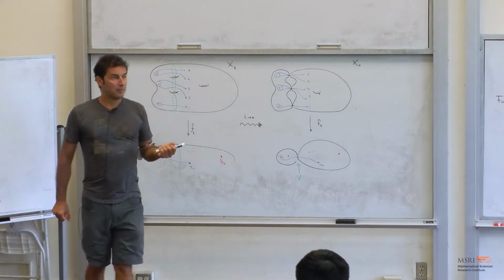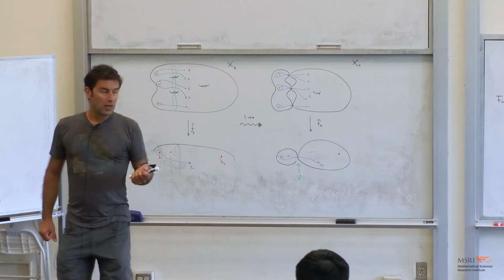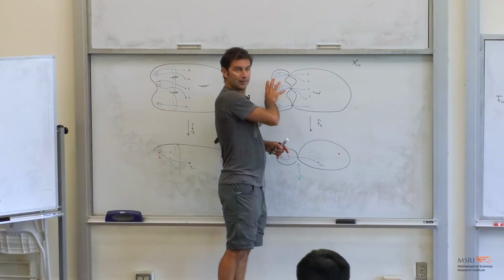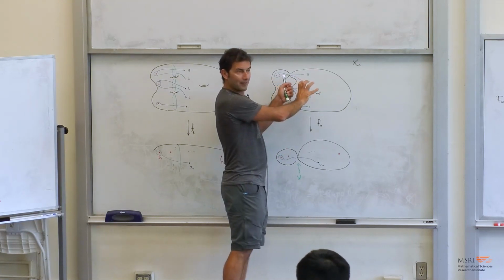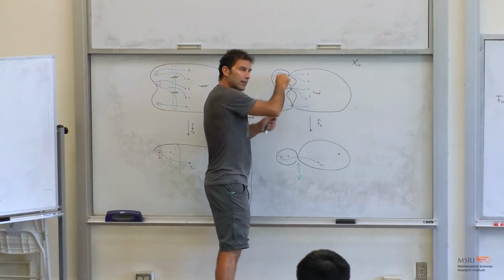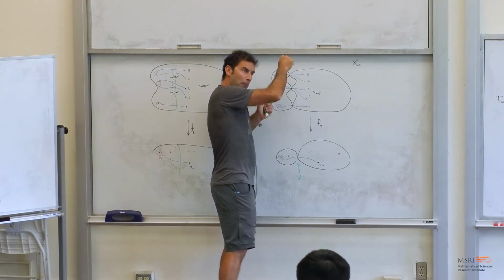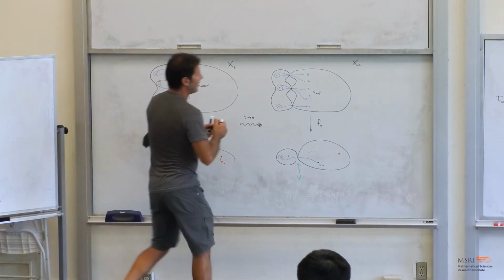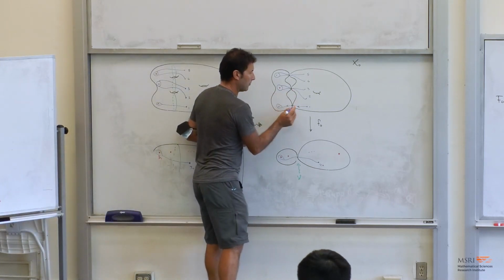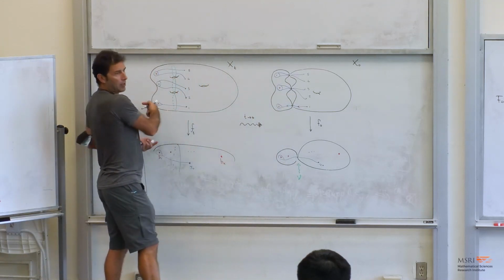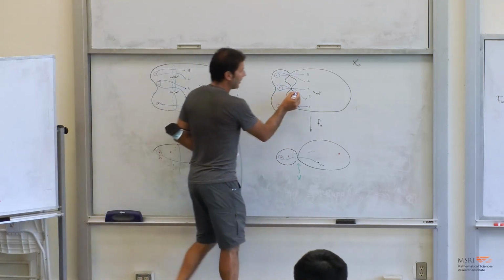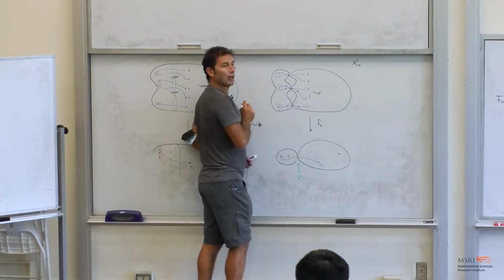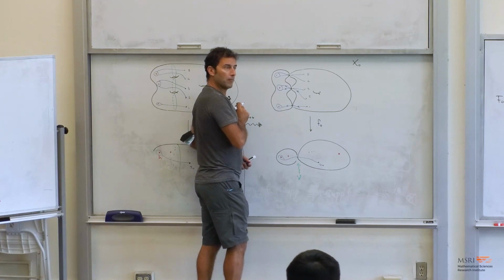And there's one problem here, which is that even if you give me a picture on the left and a picture on the right, and I glue them together, to go in there, put my finger in this hole and open it up, I need to know if I'm coming in. So here I have no problem, right? I come in here, I open the hole, I have to come out here. But here, I come in here, I need to know when I open the hole if I come out here or I come out here. And same here.